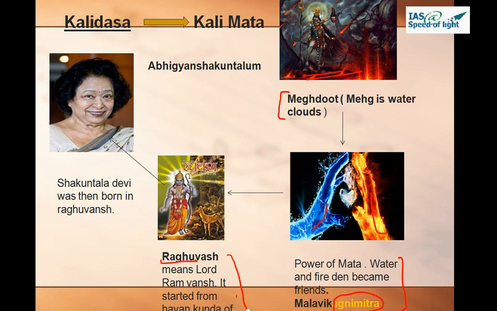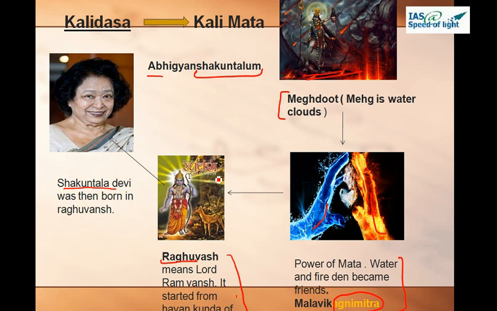And finally, in that Raghuvansh, meaning the Lord Ram Vansh, Shakuntala Devi was born. From Shakuntala Devi, we get Abhigyan Shakuntalam. She is a famous mathematician, also known as the human computer of India. So Abhigyan Shakuntalam, Shakuntalam becomes Shakuntala Devi.